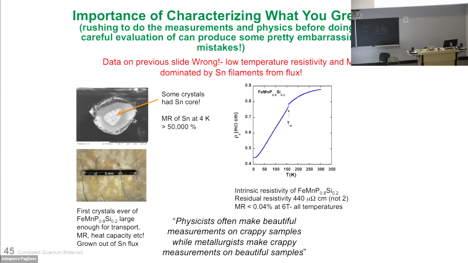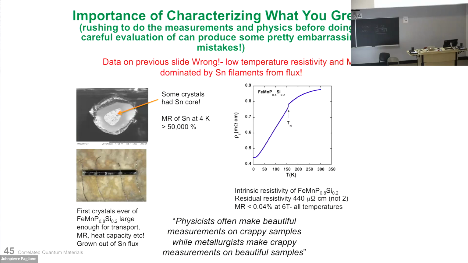can see there is an essentially pure tin core that you're measuring. Tin has a very low resistivity. The magnetoresistance of tin is about 50,000% at 4 Kelvin. That's something you really have to worry about. So what I did was essentially grind this thing down so that you miss all the tin.